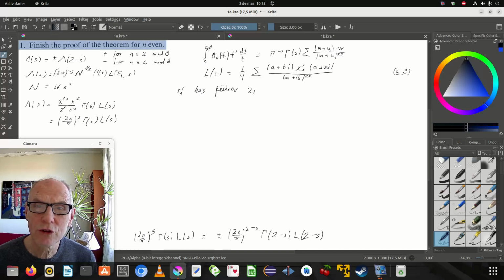And that's 2n. And that should make the computation much easier than the example when n is odd that they solve in the book, because we can just let a go from 0 to 2n minus 1, and the same for b.